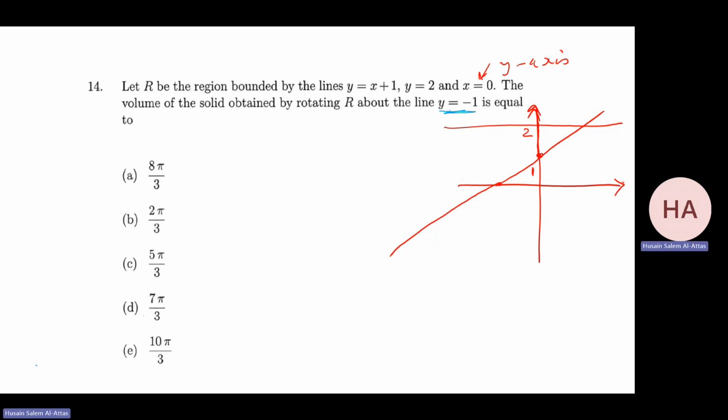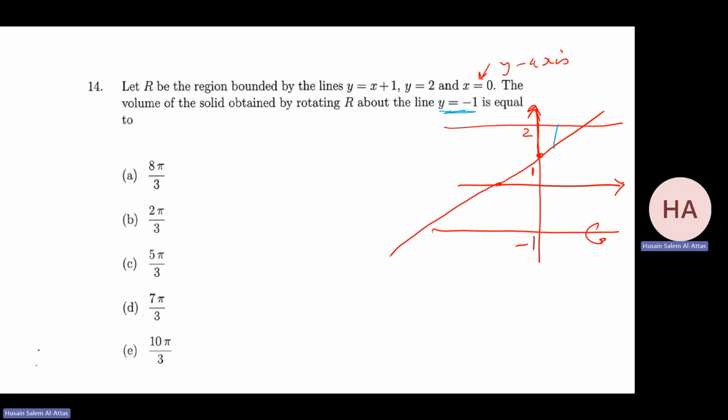Okay, and they want it what? About the line y equals minus 1. So this is my axis of rotation, which is minus 1. And I want to do my strip perpendicular to that, so it will be this one.